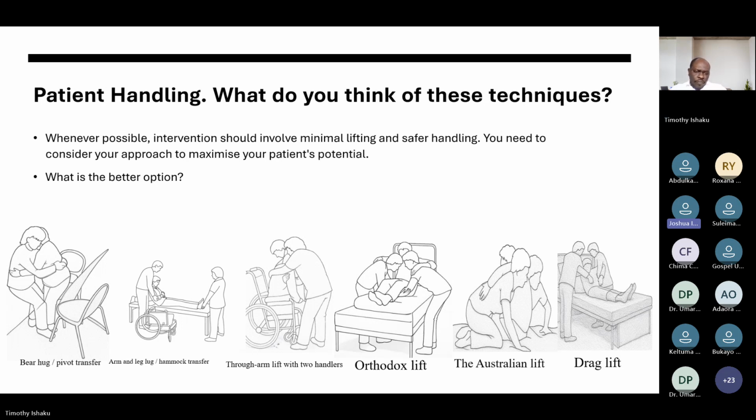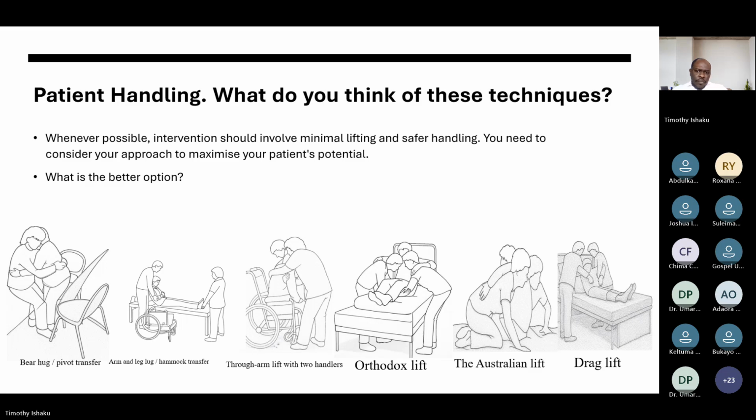And again, the height of the bed is low. So that should also be put into consideration, the proper ergonomics of the height of the bed to the handlers and to the patients.